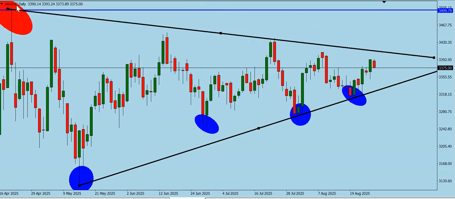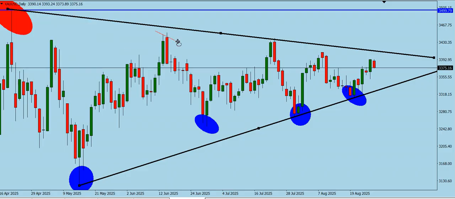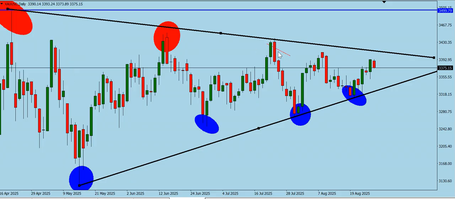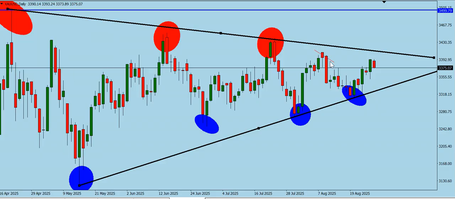The next lower high is at this point, followed by this particular lower high, and then we have the latest lower high.